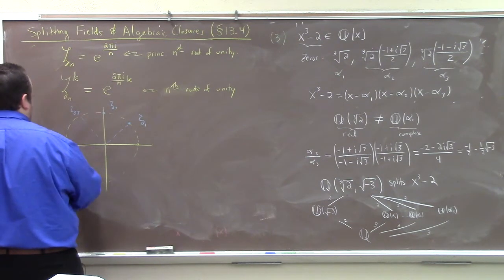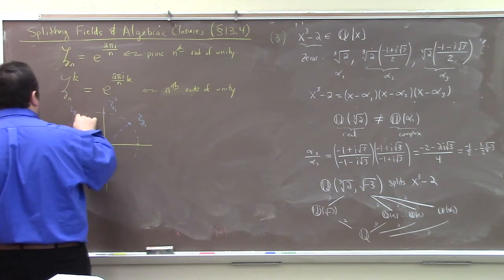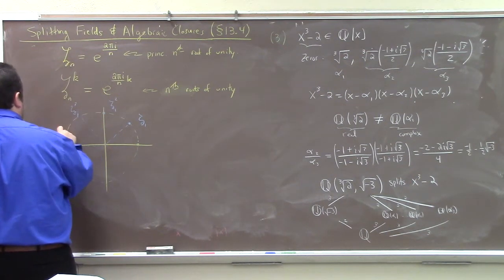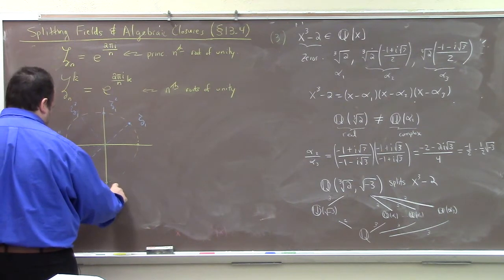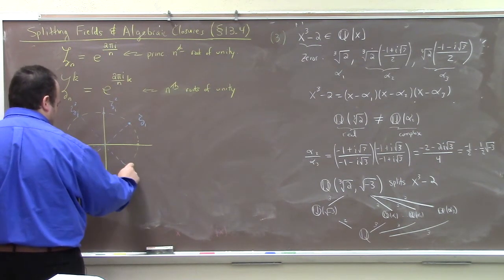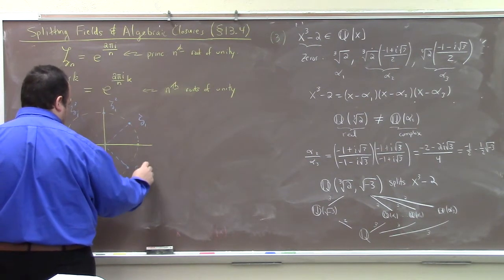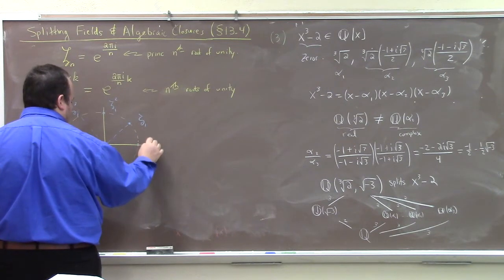Zeta 1 squared, zeta 1 cubed, zeta 1 to the 4th power, 5th power, 6th power, 7th power, and apparently I'm drawing a picture.